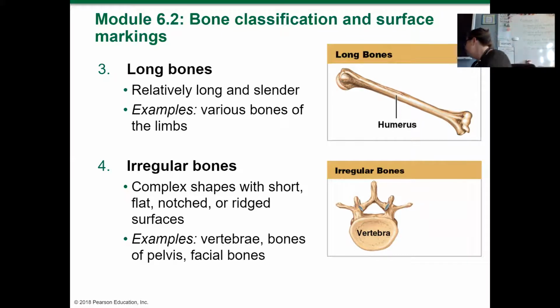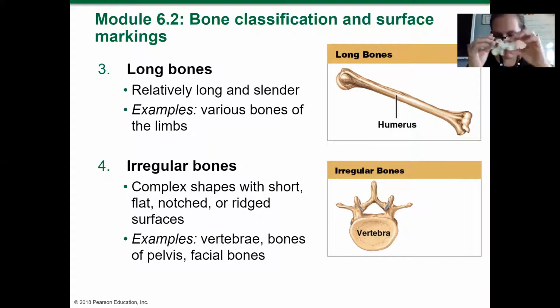Irregular bones are kind of oddball shaped. You have complex shapes. I have a bag of vertebrae here, and I'm going to pull out some of the vertebrae right here. This is a lumbar vertebra, and if you look at it, it kind of looks like a moose.